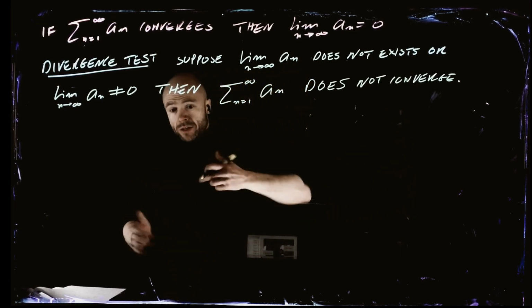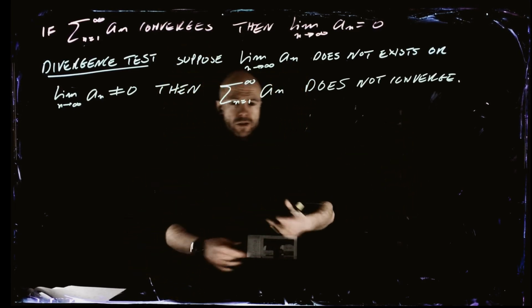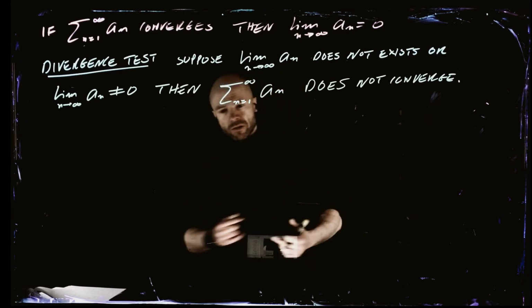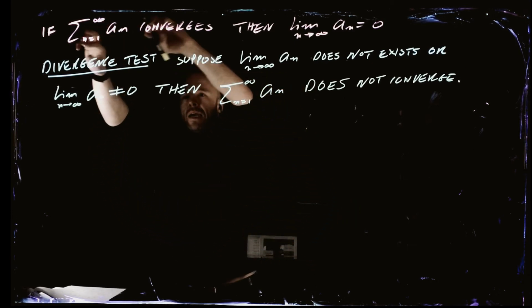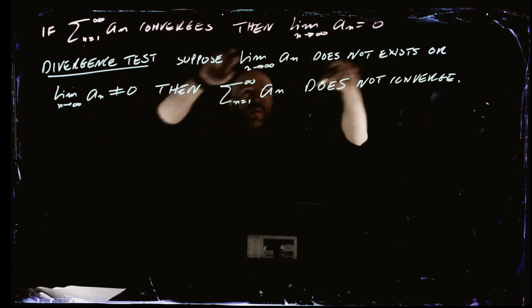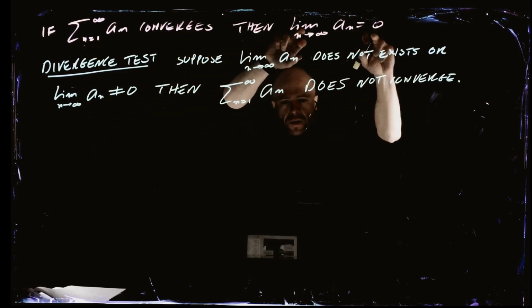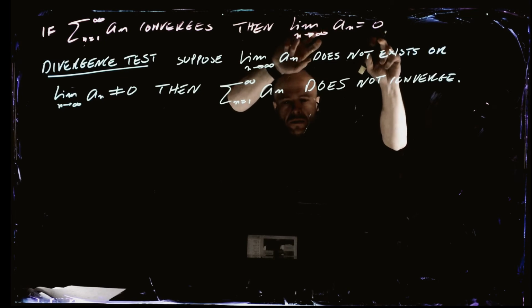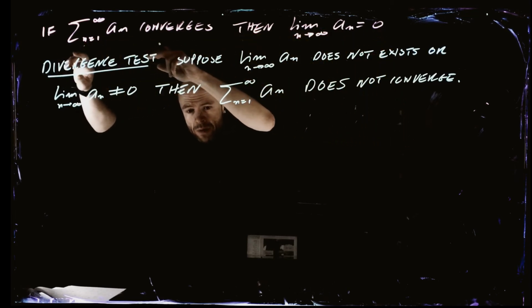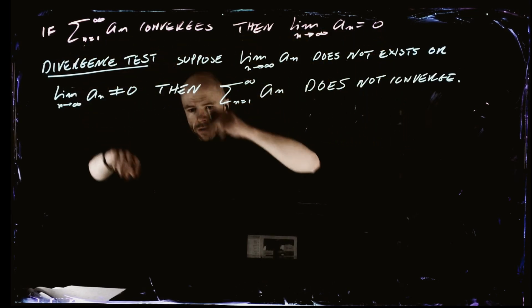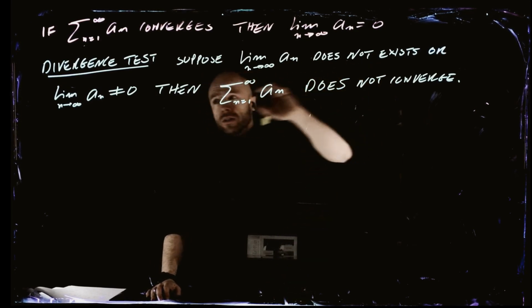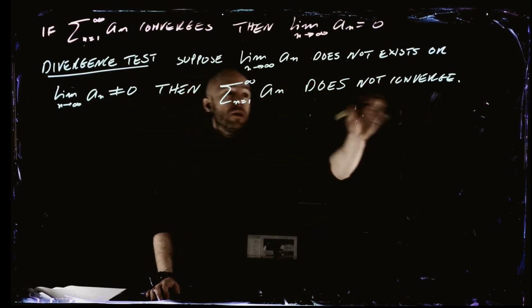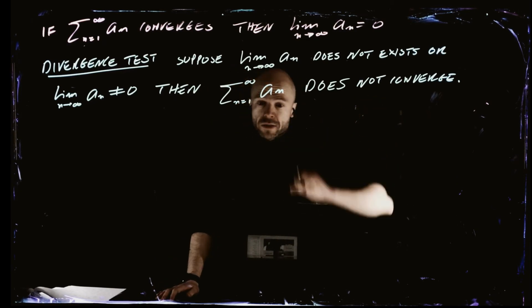And this is just a rephrasing of what we've learned before. This is what we call the contrapositive. So we have that statement A, this thing converges, implies statement B. So that means that not B implies not A. It's called the contrapositive. So if this thing either does not exist or does not converge to zero, then the series does not converge.